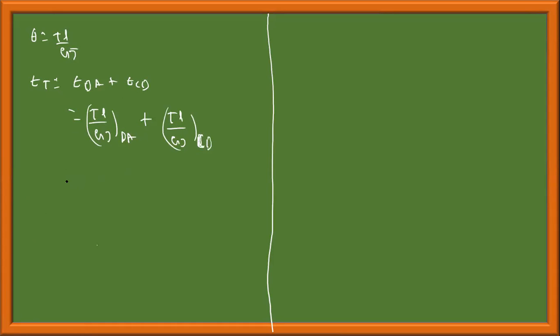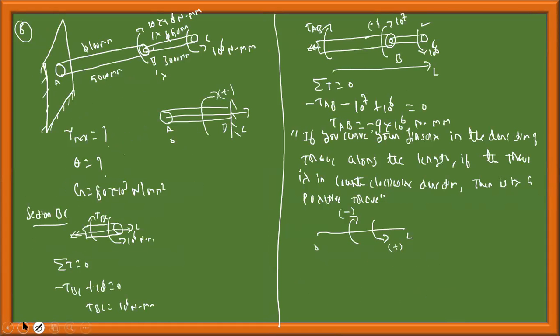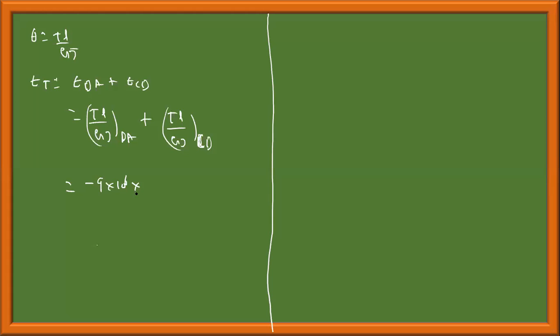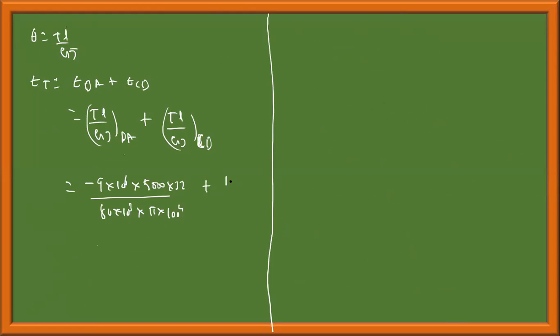The torque in section AB is minus 9 into 10 power 6, into the length of section AB, 5000 mm, by G, the constant for the material, 80 into 10 power 3, into pi into 100 power 4 by 32, plus T in section BC, 10 power 6, into length 3000 by the same G, 80 into 10 power 3, into pi into 50 power 4 by 32.